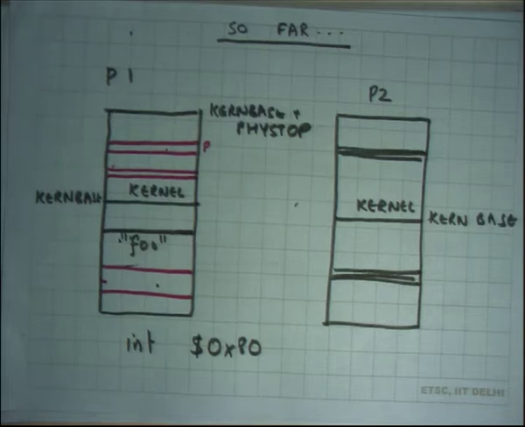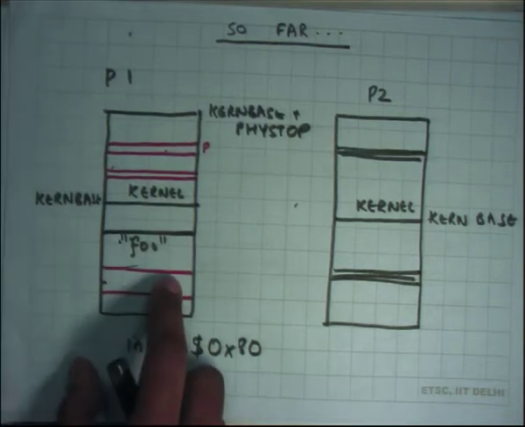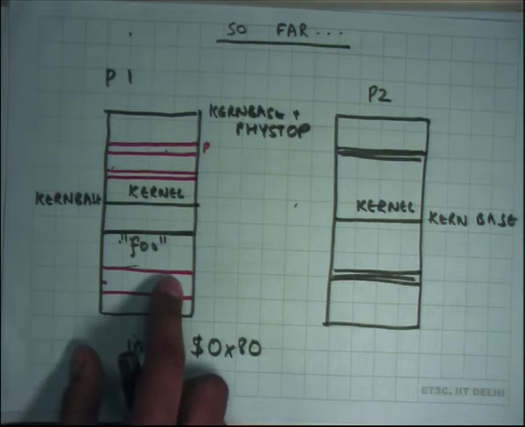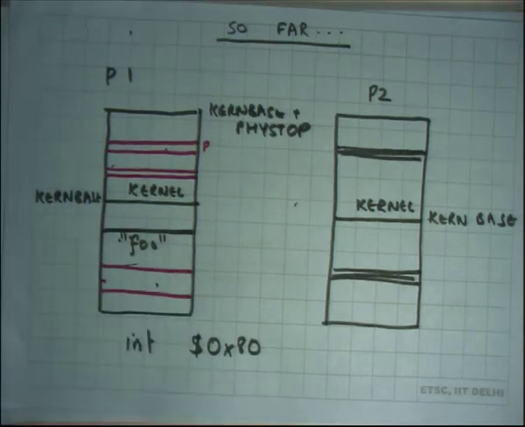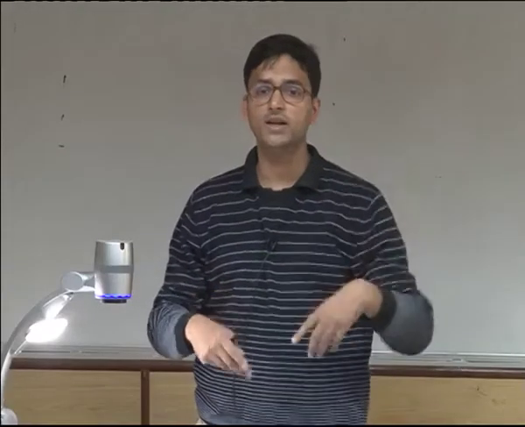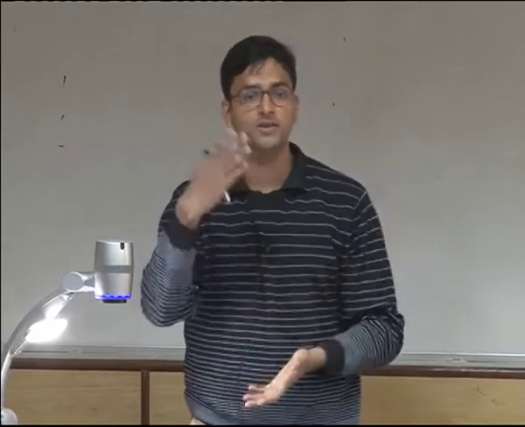So the question is, I said that the user can pass pointers to the kernel. It can set up some area in its own memory, initialize some values in its own memory, use the address of that memory location and pass it to the kernel, and the kernel can dereference it, because the kernel is executing in the same address space.